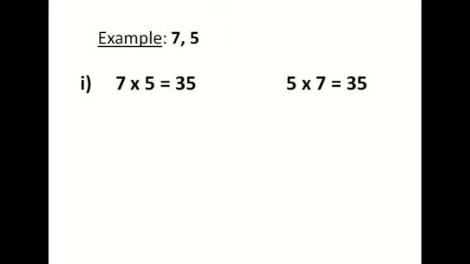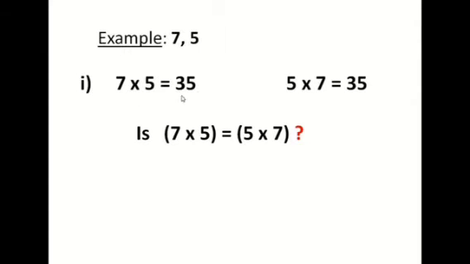Can you guess which property I am going to discuss right now? As you have already learned the properties of addition, I asked you the question, is 7 into 5 equal to 5 into 7? What do you say? Look at the product part.